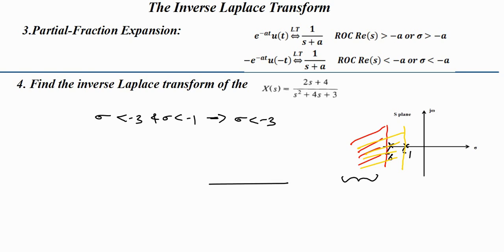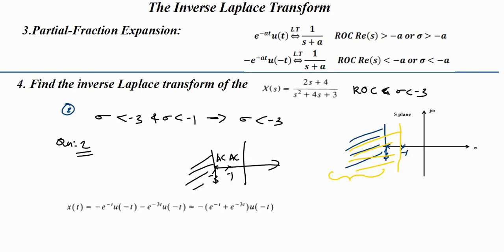So this is the ROC. Here it is minus 3 and here it is minus 1, and the combined region is less than minus 3. This is question 2, exactly the same as the previous one. So I can directly write the result. The final answer will be in anti-causal form. This is an anti-causal signal, and this is also an anti-causal signal.